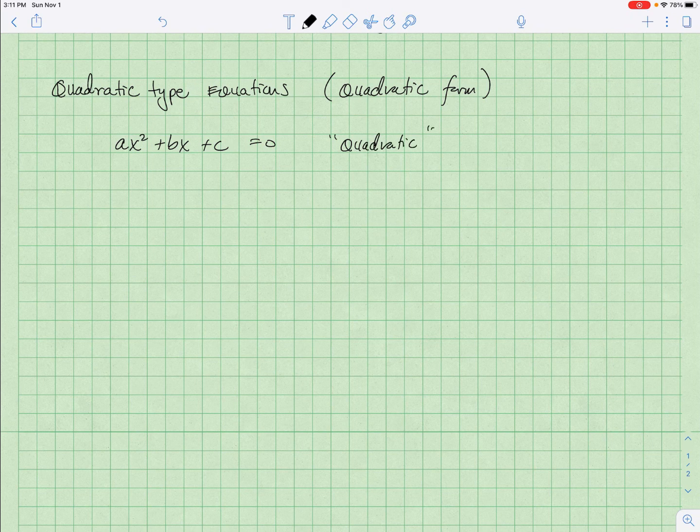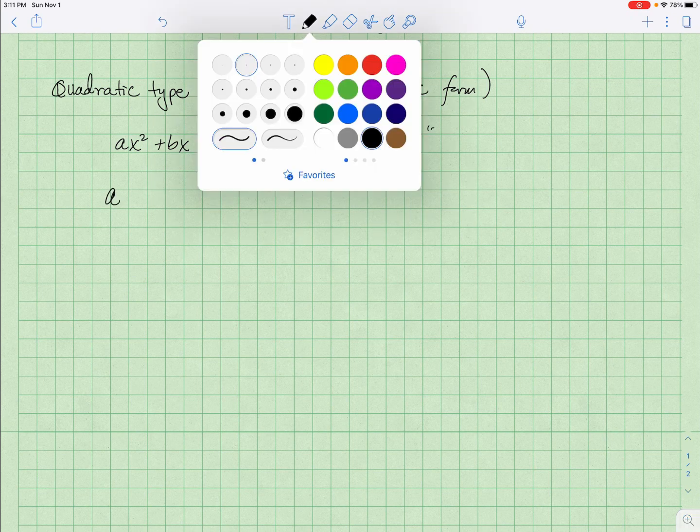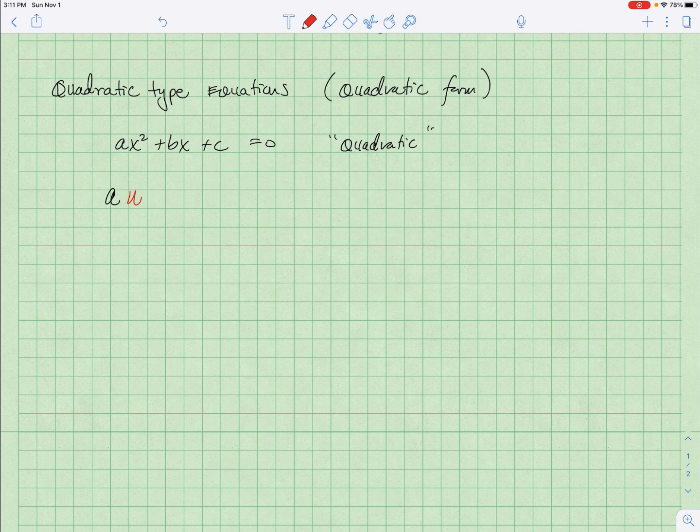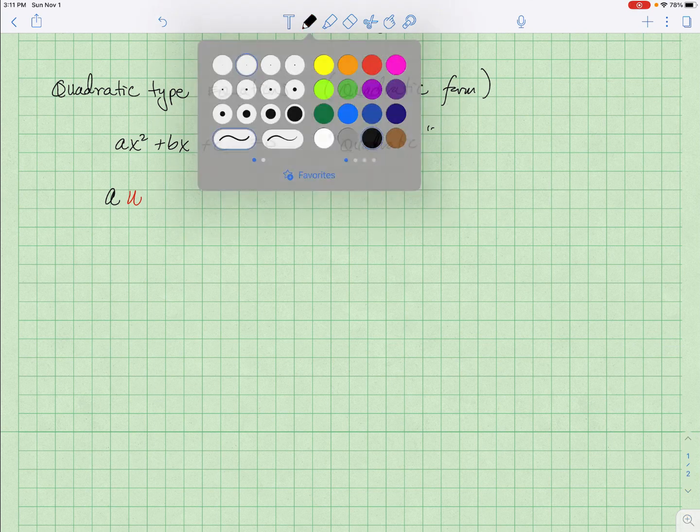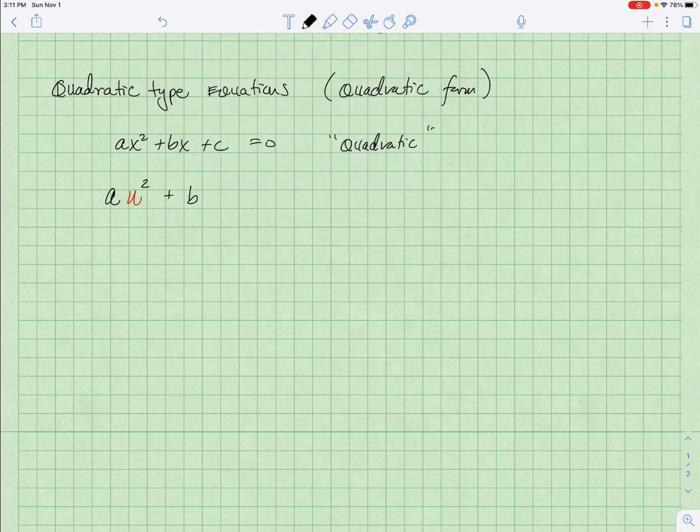But what we're talking about is something like, and this is going to be a little bit weird at first, a times u squared plus b times u plus c equals 0, where u can be anything. In which case we can use technique 1, factoring, or technique 3, quadratic formula, to solve for u.